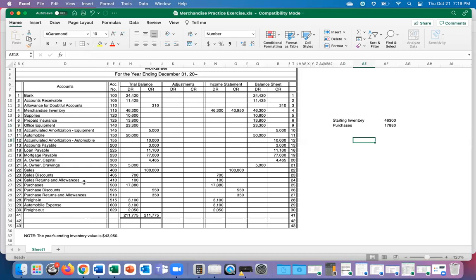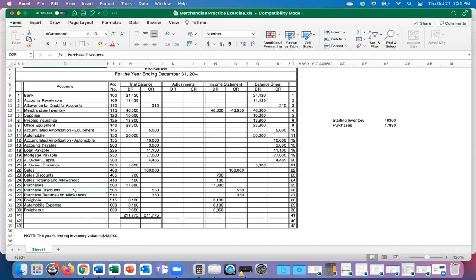So with purchases, you can't just include that number from the purchases account. There are a couple other accounts that affect the purchases account or can change that number, and those come below it. So you've got the purchase discounts, purchase returns and allowance, and then the freight in number.